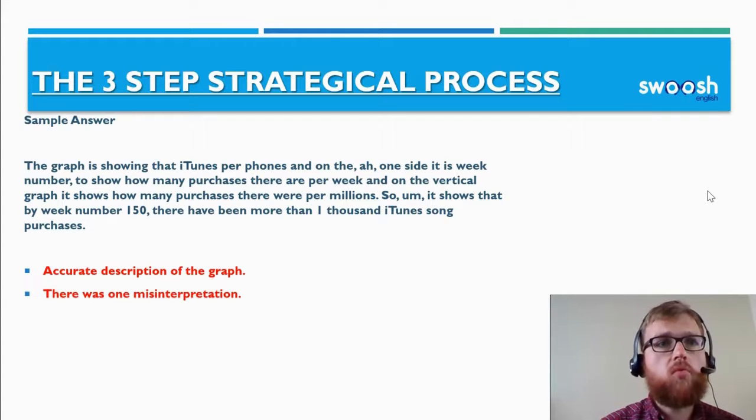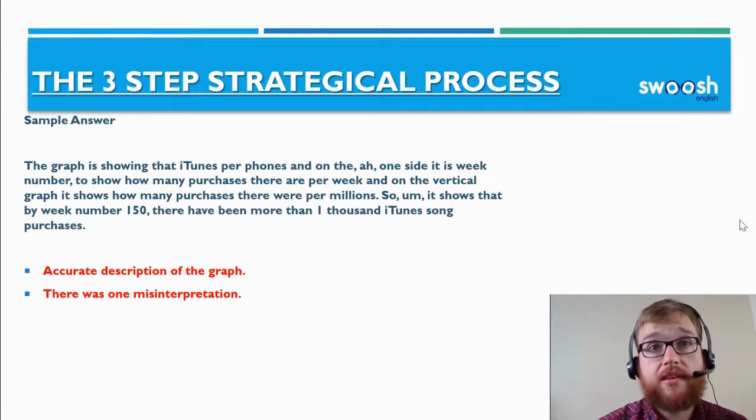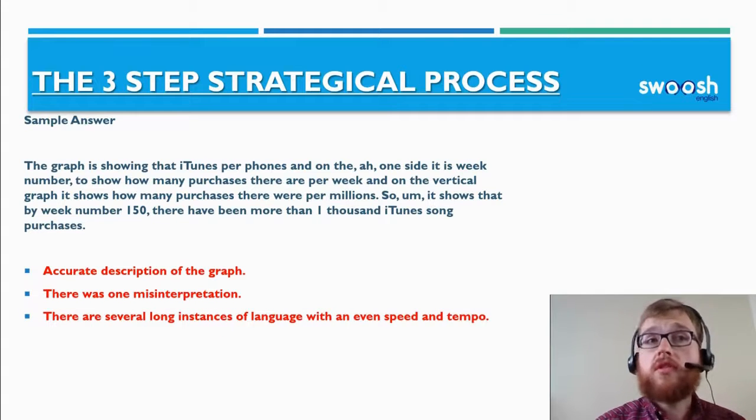There, however, was one misinterpretation, and they misinterpreted how many sales there were per millions, as well as 1,000 iTunes songs being purchased. That was a slight misinterpretation in terms of the data, but it still didn't take away from the overall meaning or detract from the information of the accuracy of the data. There are several long instances of language with an even speed and tempo.